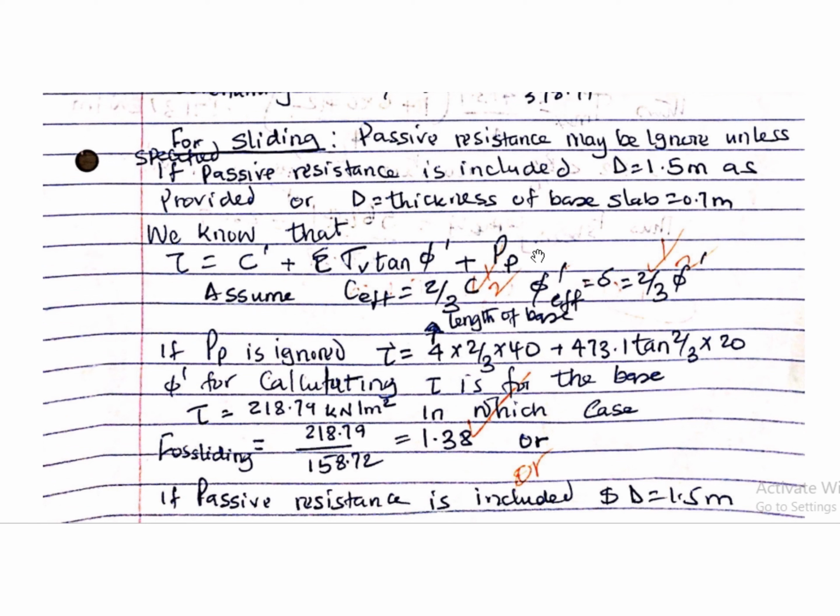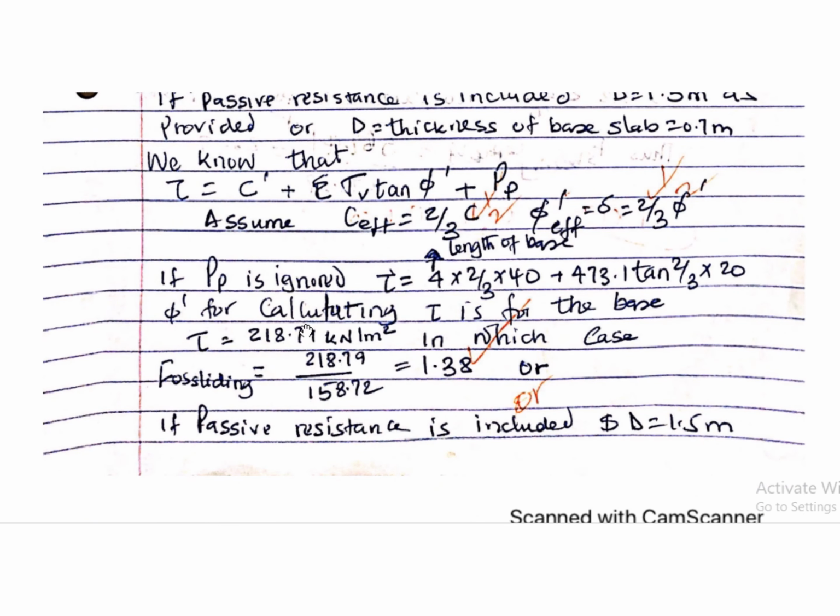We are ignoring the existence of the passive resistance, and if the cohesion is given per unit length, then you have to multiply by the length. So 4 is the length of the base times the effective values, and you substitute as shown, and that gives you a resistant force of 218.79 versus the horizontal or the active earth pressure.